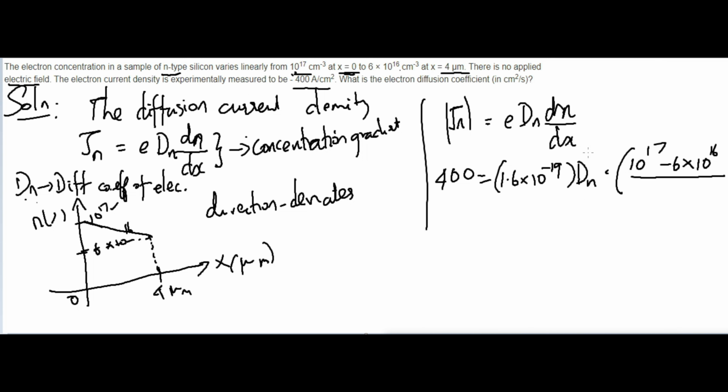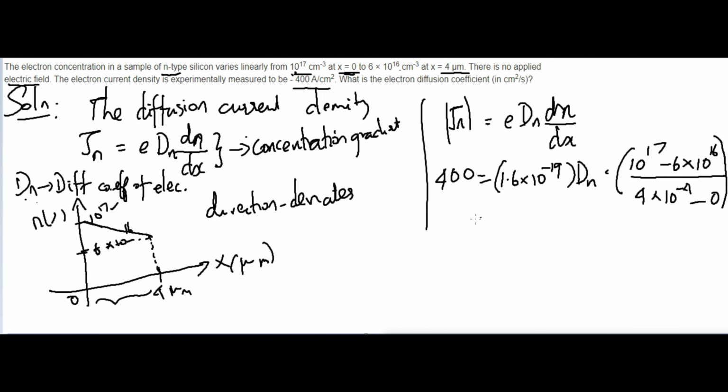Divided by dx, from here to here, which is 4 x 10^-4, because it is in centimeters, converting from micrometers. The minus 0 in the denominator is no problem, since anything minus 0 is the same.